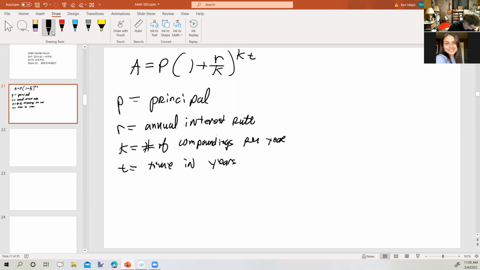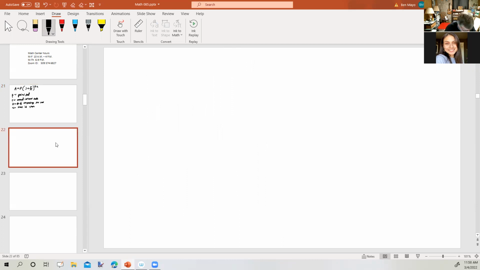Okay. So this problem says compound interest. An initial deposit of $10,000, so P is $10,000, earns 8% interest, so R is 8%, which would be 0.08.